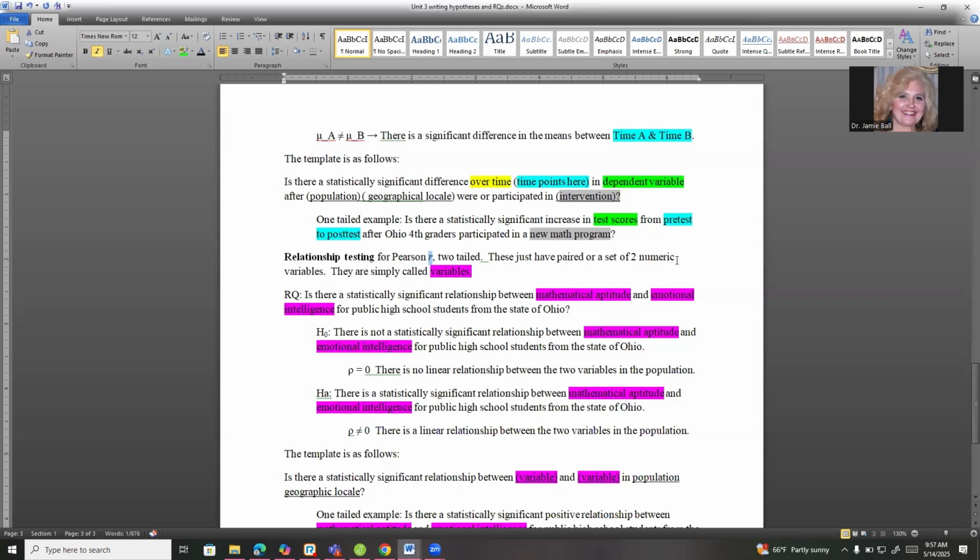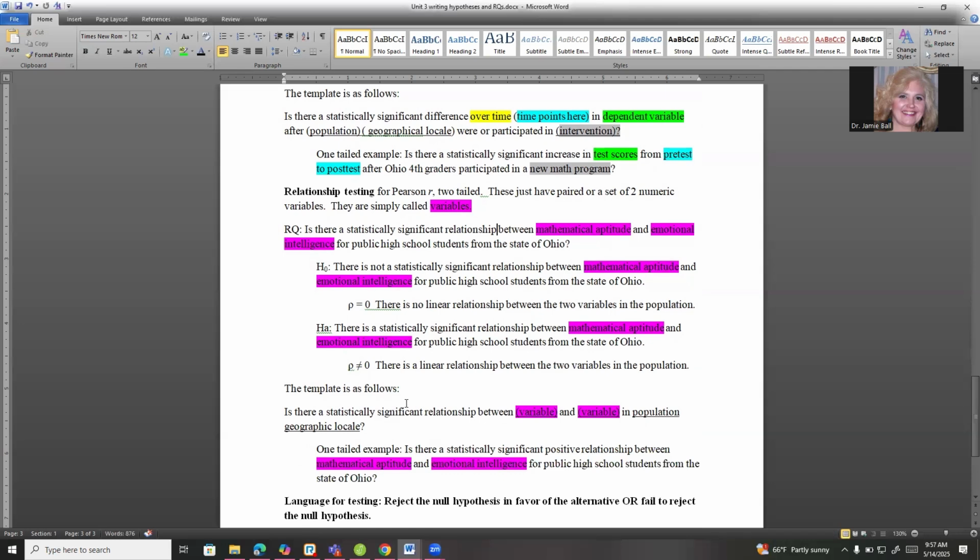There are exceptions to that rule. Is there a statistically significant relationship? That's my testing type. Between mathematical aptitude and emotional intelligence for public high school students from the state of Ohio. There is not a statistically significant relationship. There is a statistically significant relationship. And I have a template here.